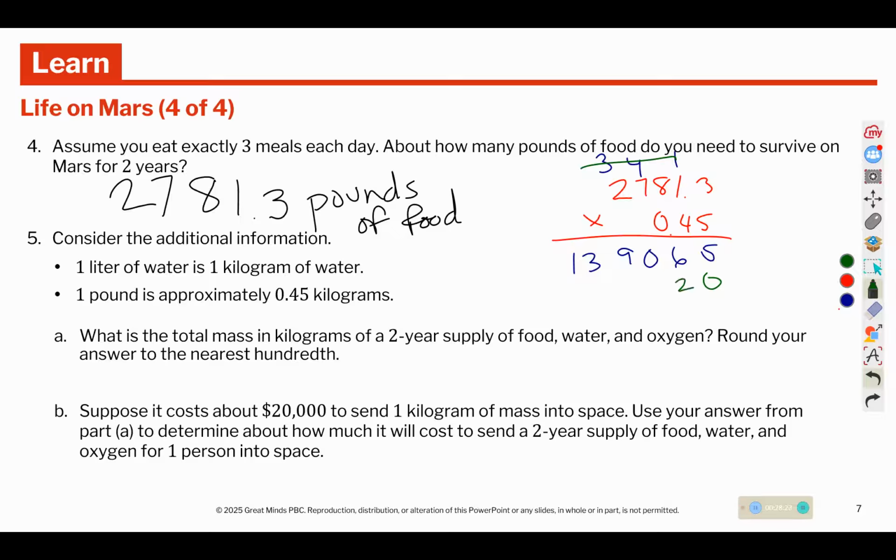4 times 3 is 12. 4 times 1 is 4, plus 1 more is 5. 4 times 8 is 32. 4 times 7 is 28, plus 3 is 31. 4 times 2 is 8, plus 3 is 11.